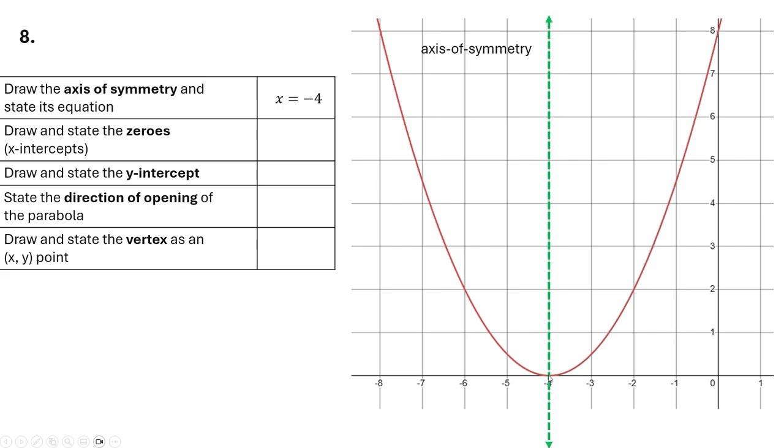So the x-intercept is -4. The y-intercept is right here at 8. The parabola opens upwards, and the vertex is at -4, 0.